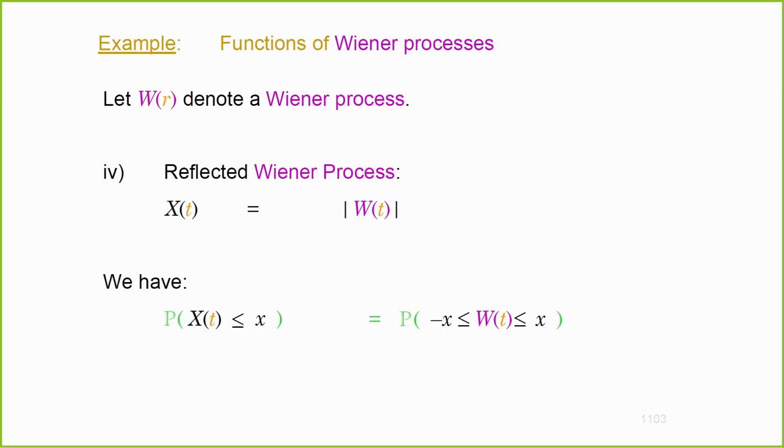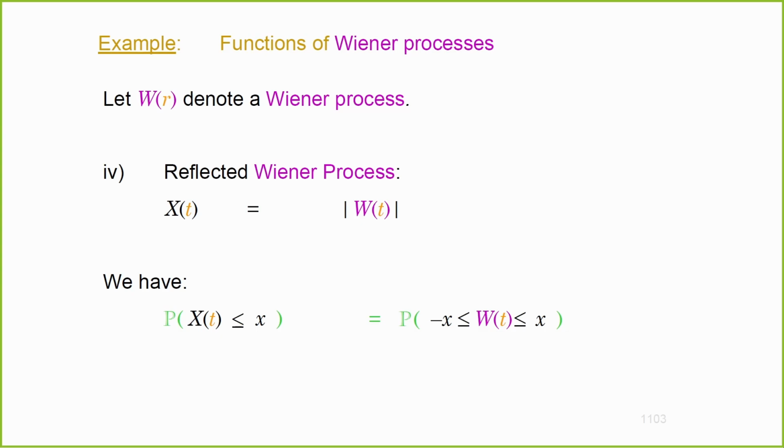And if the absolute value of a process is less than small x, this means accordingly that the process itself, without the absolute value, I'm talking about the Wiener process now, because again the reflected version is simply its absolute value, must be between -x and x.